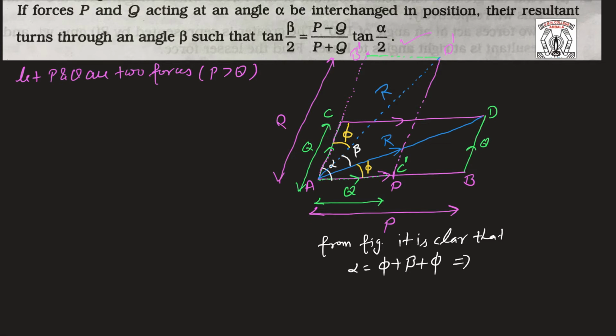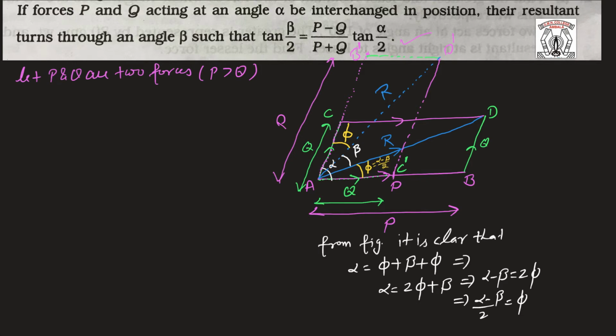This implies alpha is equal to 2 phi plus beta, so alpha minus beta is equal to 2 phi. This implies that alpha minus beta by 2 is equal to phi. So this angle will be alpha minus beta by 2.